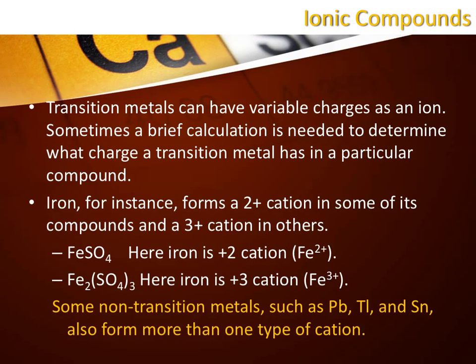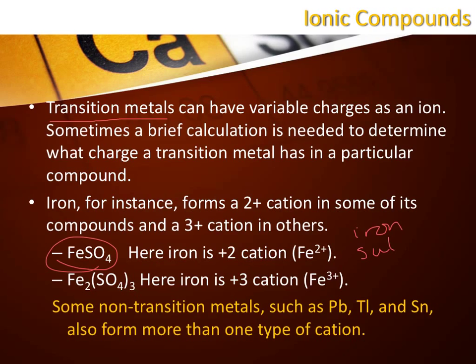All right, as I said before, the transition metals can have variable charge when they become an ion, and because of that, it is trickier to write formulas for ionic compounds that have transition metals. Just to give you an idea of what you'll be dealing with, let's say you have the formula FeSO4 and I ask you to name it. You can't just say iron sulfate.